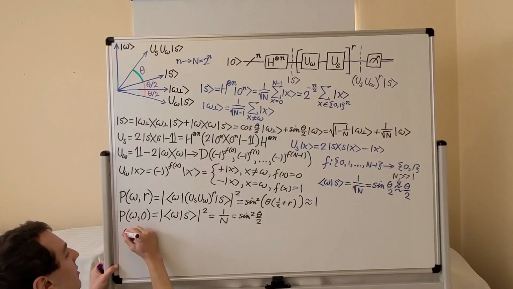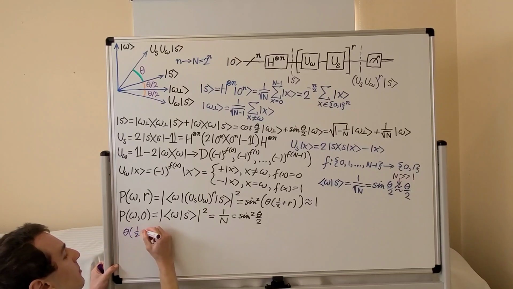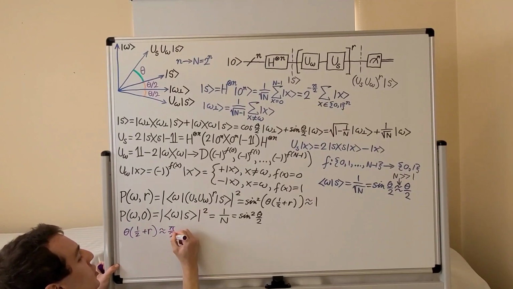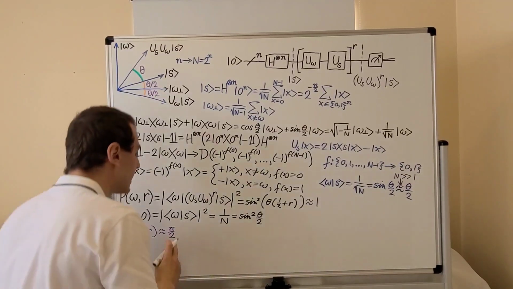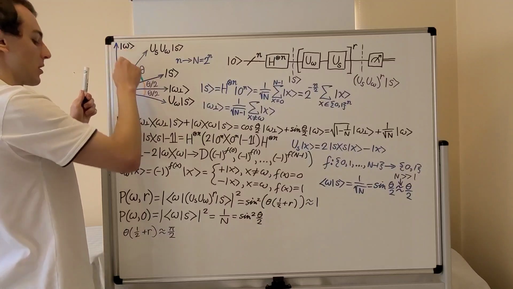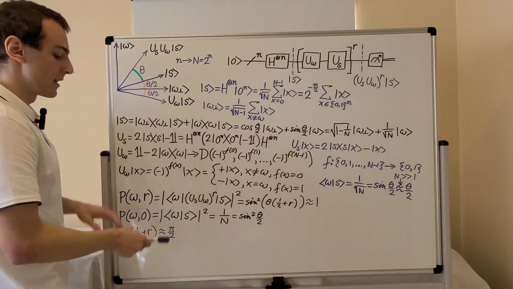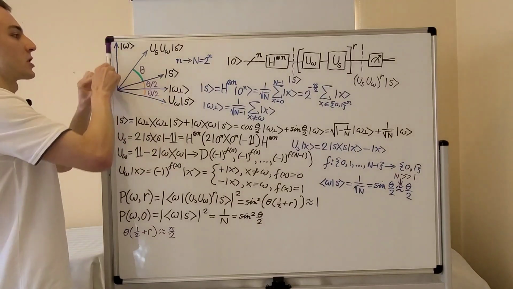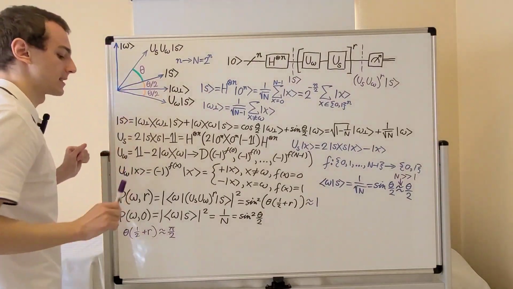We can set theta times 1/2 plus r approximately equal to pi on 2 radians. So why is it pi on 2 radians? That is this perpendicular angle over here. So what we need is the sine of this argument to be around pi on 2. That corresponds to being vertical, being very close to this vertical axis.